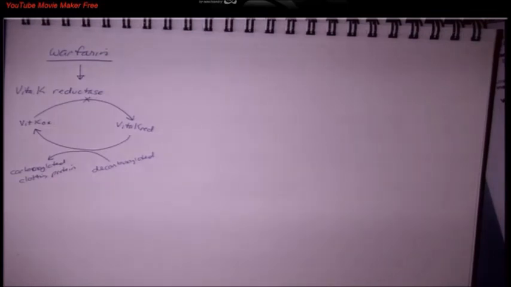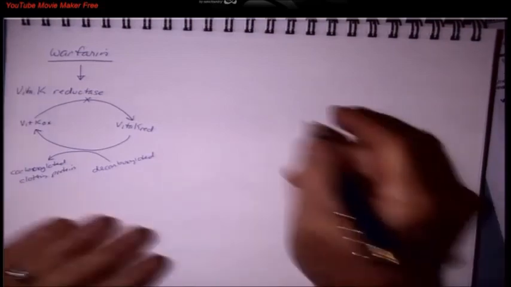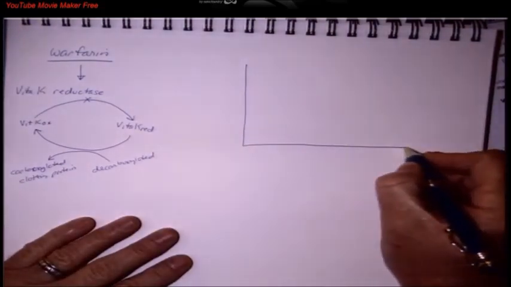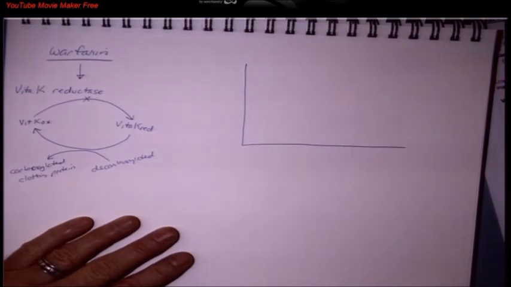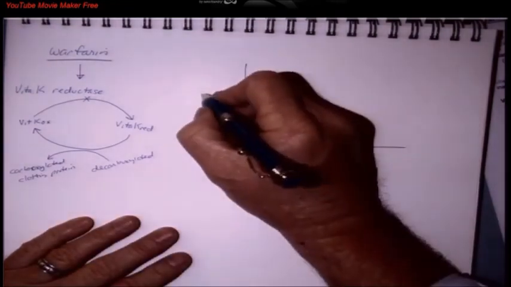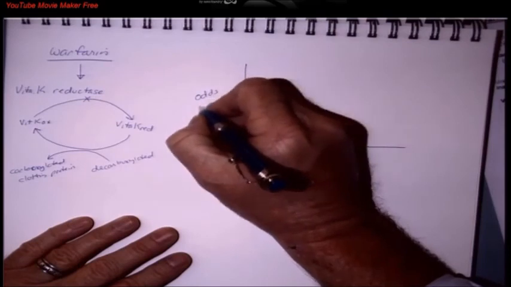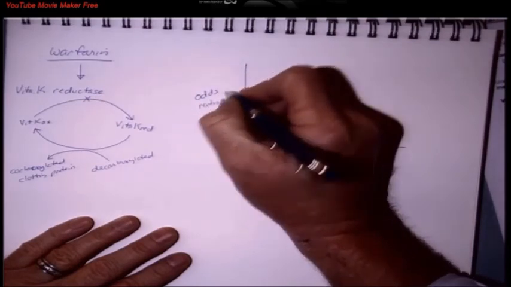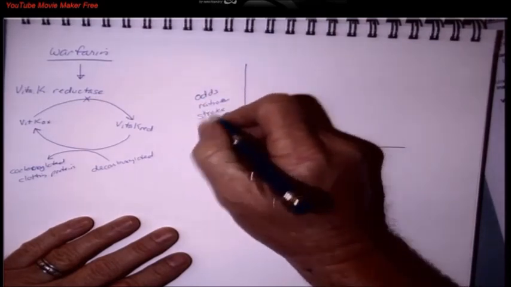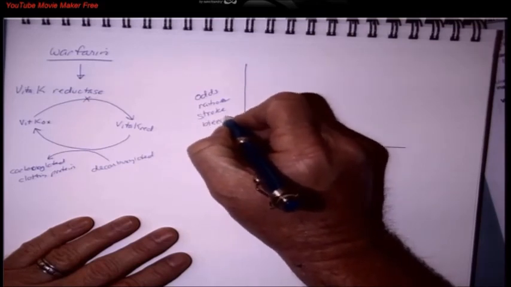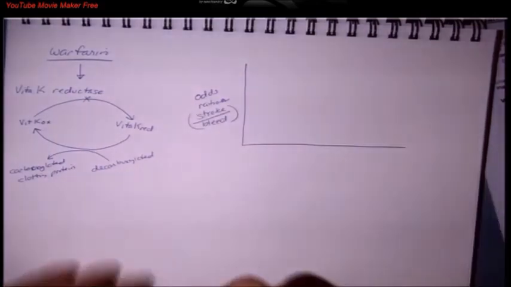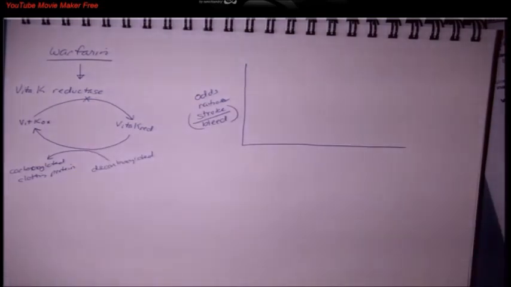So now why is this important to somebody with atrial fibrillation? You delay or try to prevent the problem of an embolism. Now, a very important feature of warfarin. If we measure an odds ratio of either stroke or a bleed, this is what we're trying to control with warfarin.